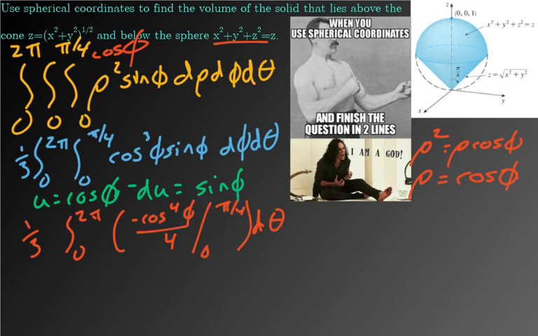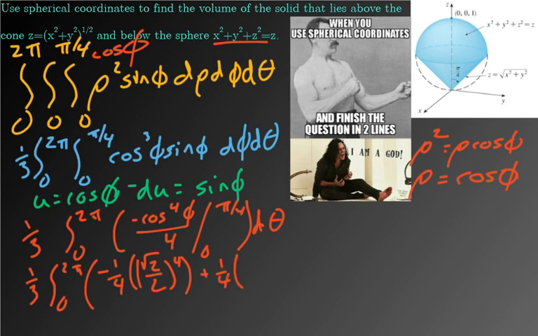And so we get 1/3 from 0 to 2 pi. And then if you evaluate that at pi over 4 and 0, you would get minus a fourth times root 2 over 2, which is cosine of pi over 4, all that to the fourth, and then minus a negative fourth, so plus a fourth times cosine of 0, which is 1, so 1 to the fourth is 1, and then d theta.